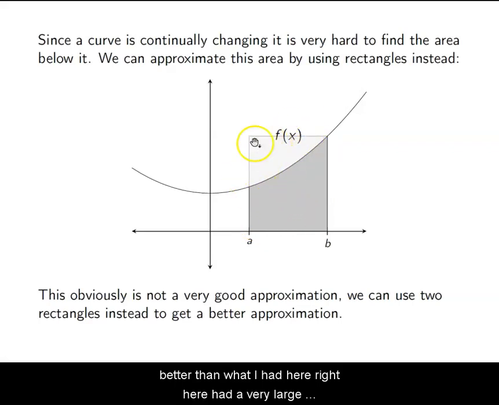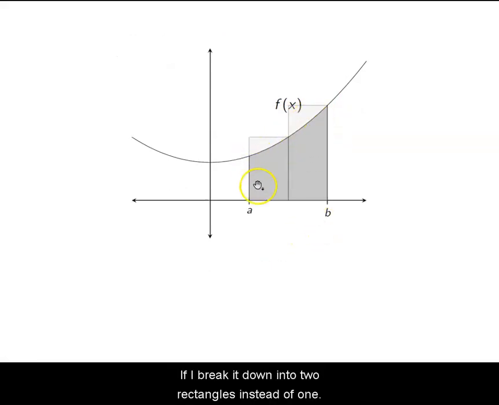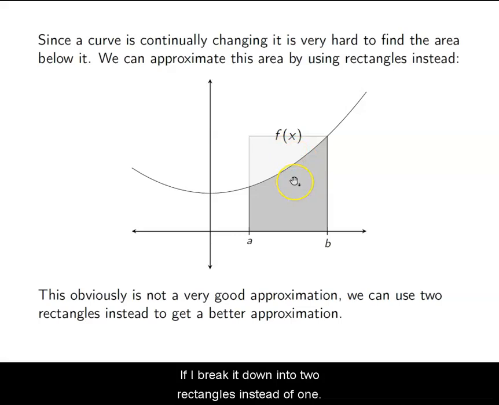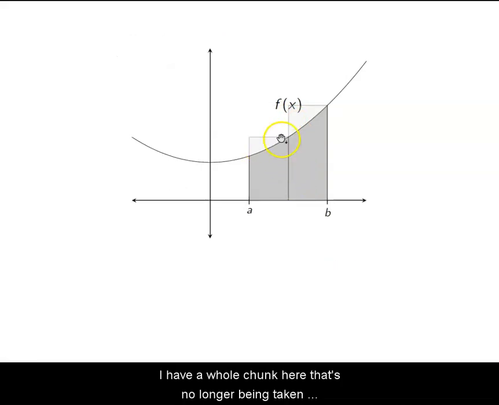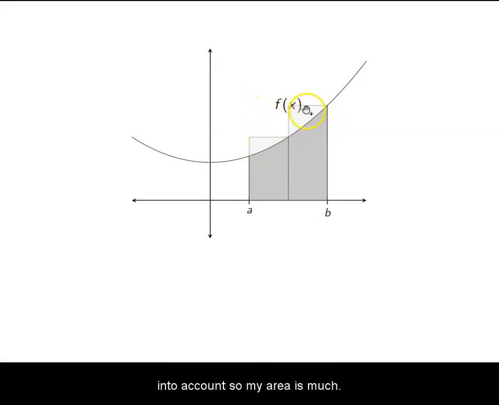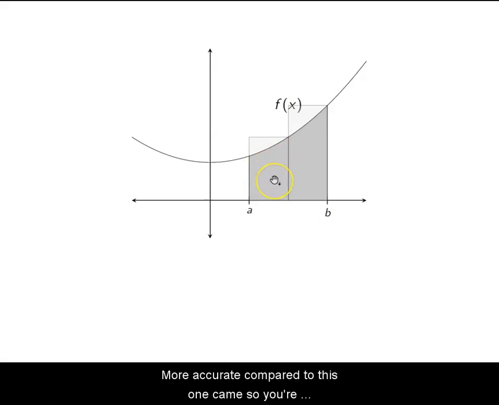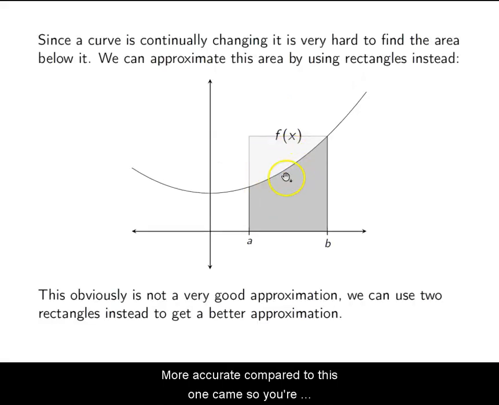Here I had a very large piece of area that was larger than the area under my curve. If I break it down into two rectangles instead of one, I have a whole chunk here that's no longer being taken into account. So my area is much more accurate compared to this one.